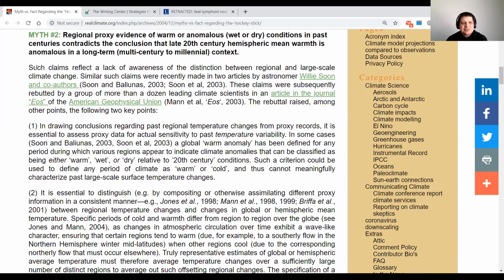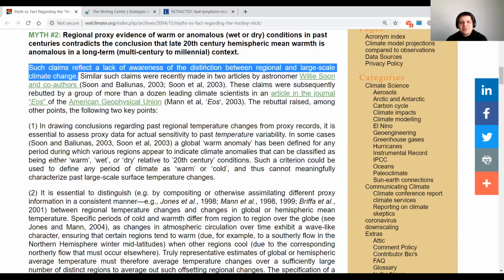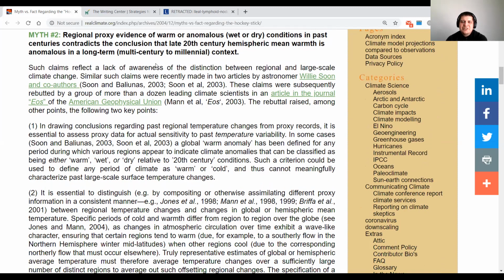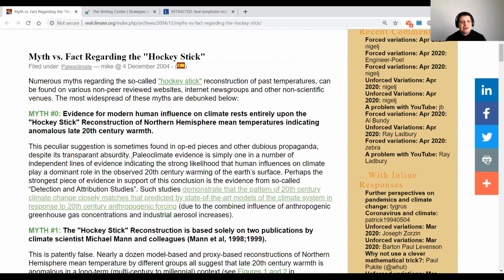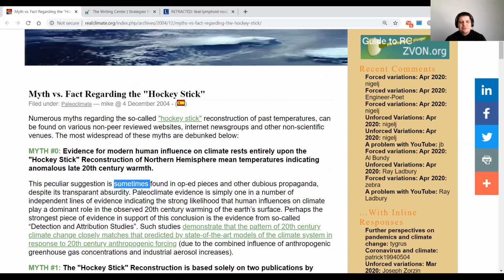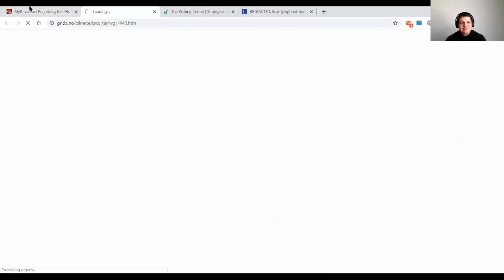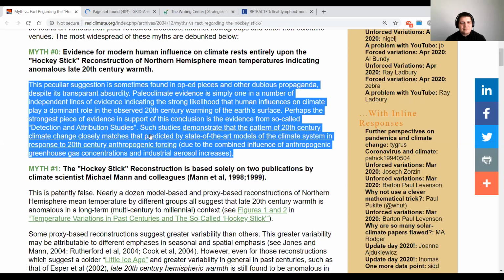But still, his basic argument is, if you think this, then they say, here's why you're wrong. Here's a nice way of saying it. Such claims reflect a lack of awareness of the distinction between regional and large-scale climate change. So maybe you could see this in terms of, all right, I see why you might think it, but let me explain to you why you're misunderstanding this. Whereas up here is like, you're an idiot and you're following propaganda. So, oops, get back here.